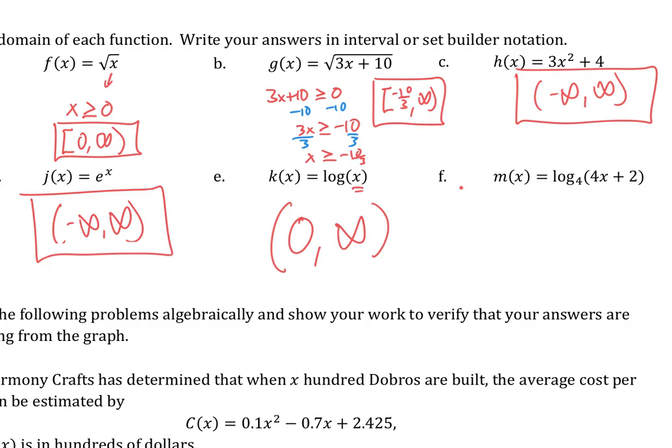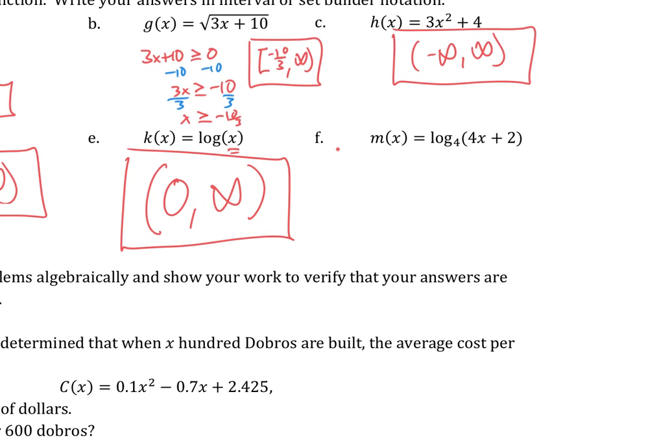Make sure you have a soft bracket or a round bracket here. Notice up here we had a square bracket because you can put 0 in a square root, but you cannot put 0 inside a logarithm. Okay? If you say log base 10 of 0, what is the power you put on 10 to get 0? It's impossible.